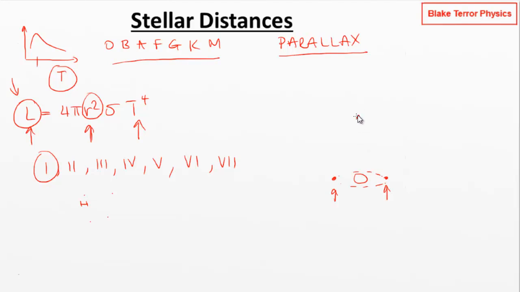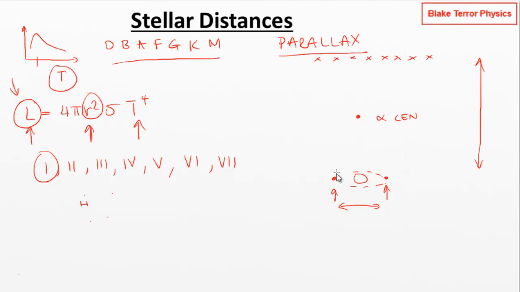If we've got a relatively close star, let's take something like Alpha Centauri, so say this is our Alpha Centauri, and then we've got all of our very distant stars in the background, then the position of Alpha Centauri is going to appear to change depending on what part of the year it is. This is greatly exaggerated in terms of the distances, because of course I've squashed it in this vertical direction relative to the orbit of the Earth.